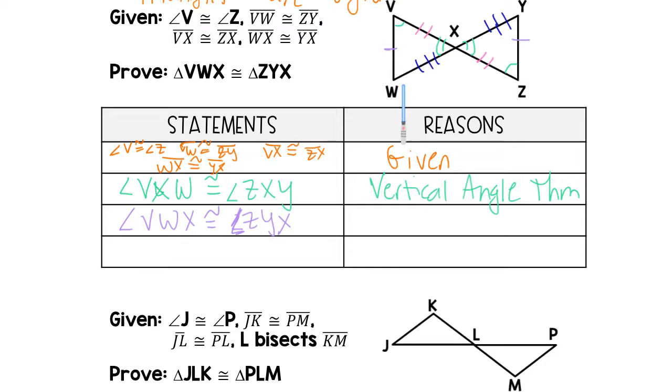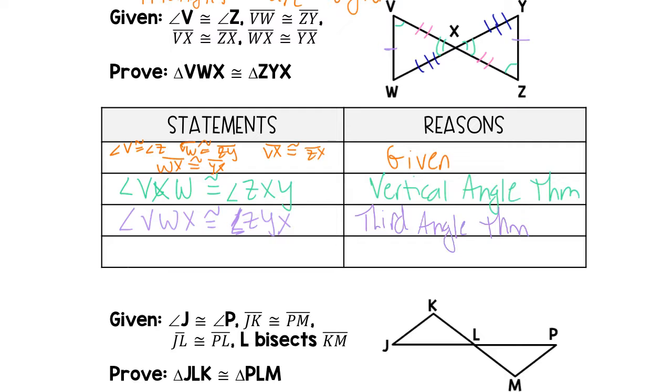I put VWX because I know V and Z are the congruent points on each triangle. So there are the similar points: VWX, and then I'll say ZYX, because those are the points that are congruent in that order. Those are congruent because of the third angle theorem.